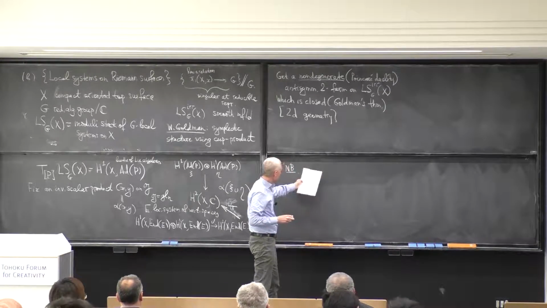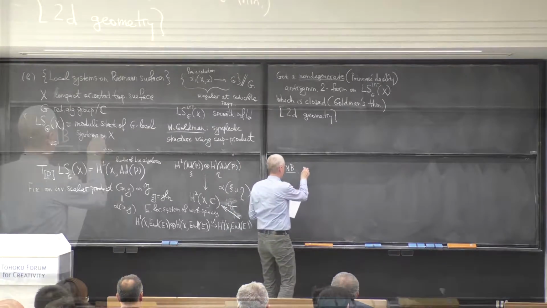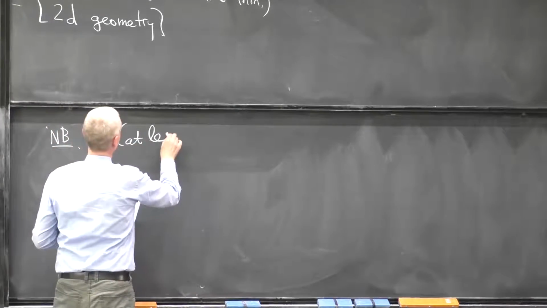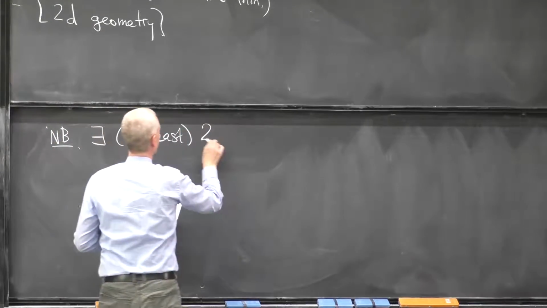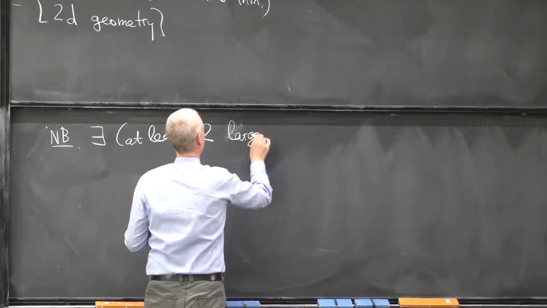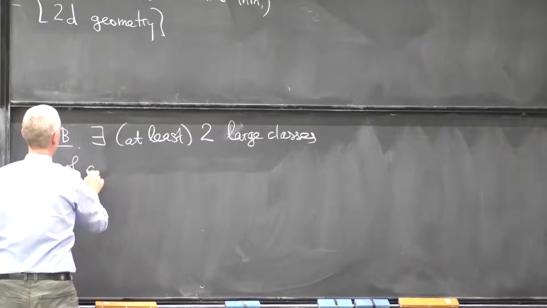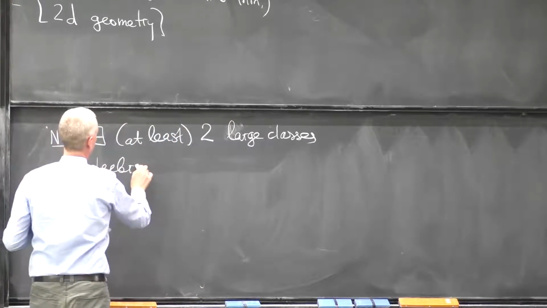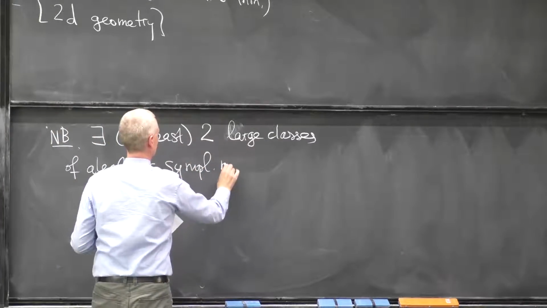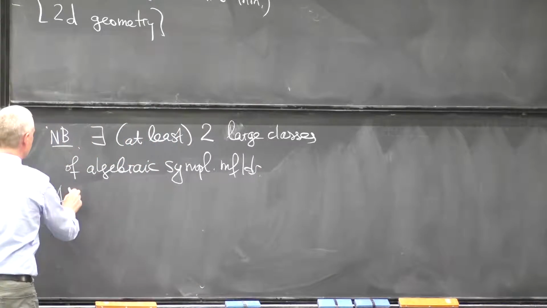There are varieties, so to say, of additive type, and there are varieties of multiplicative type. So there are at least two types, somehow large classes of algebraic symplectic manifolds. There is some kind of additive type.